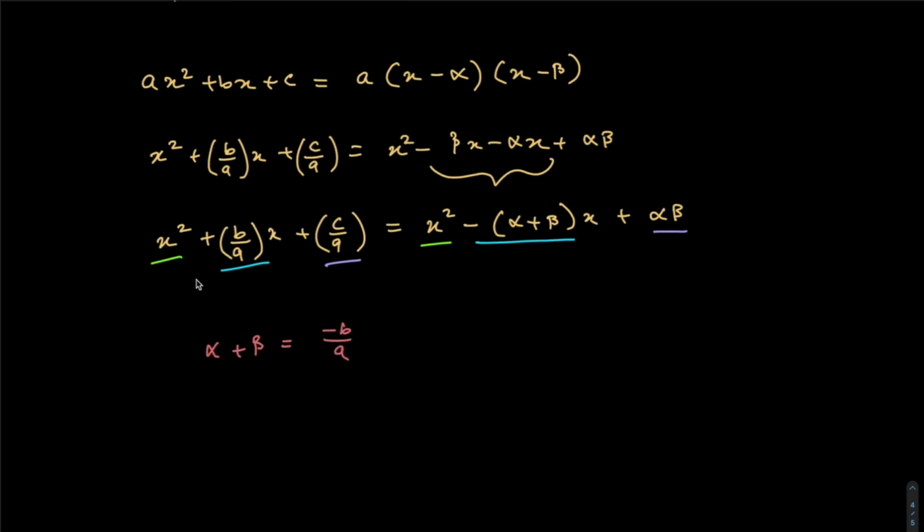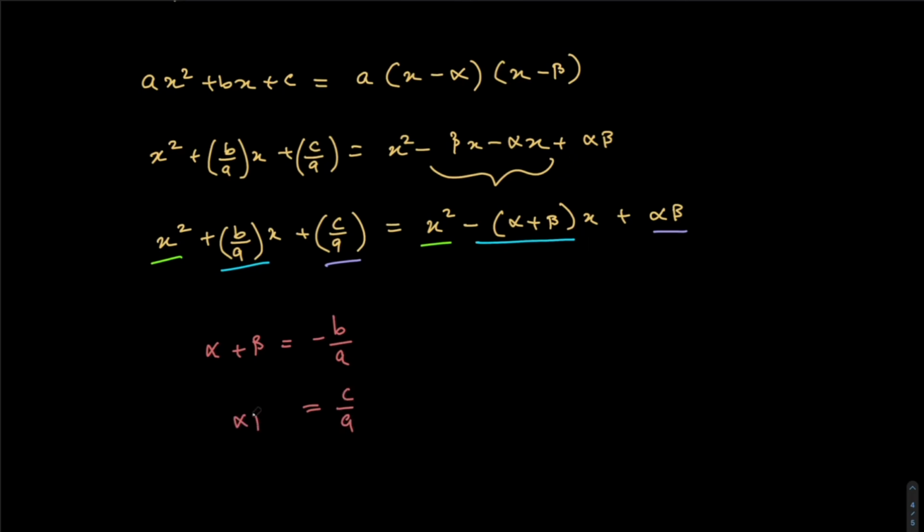Basically I have b by a is equal to minus (alpha plus beta). I just took the negative sign to the other side, and I put minus b by a. That's all I've done. So that's one relation that I've gotten, minus b by a. Sorry, I just can't seem to get my handwriting correct today. Minus b by a. And if you look at this, c by a is equal to alpha beta.